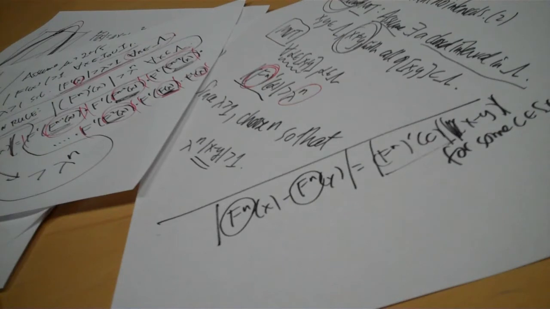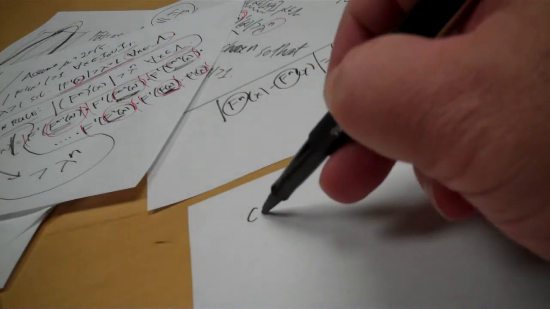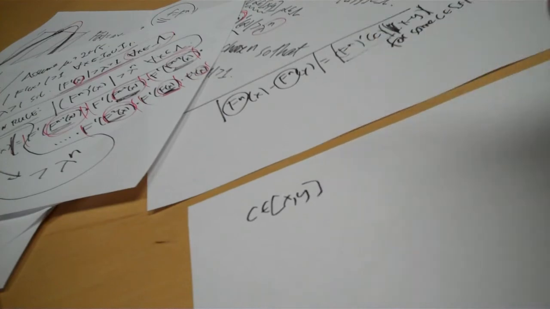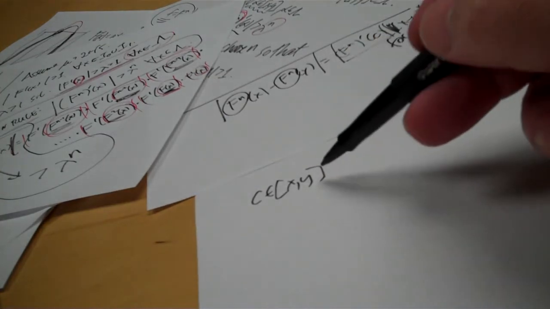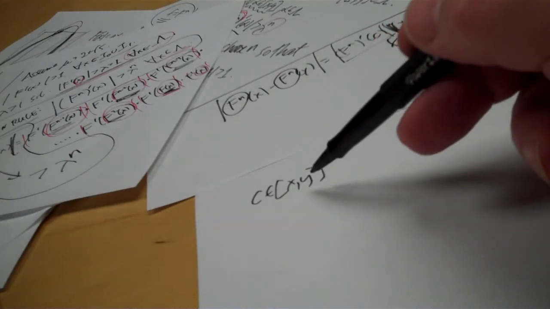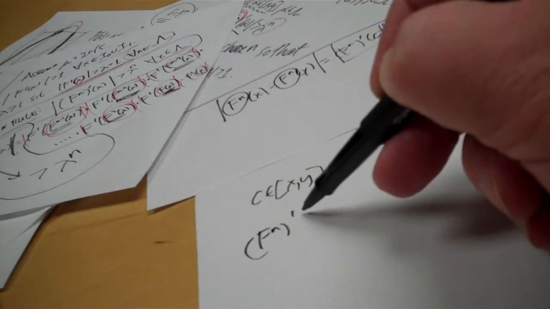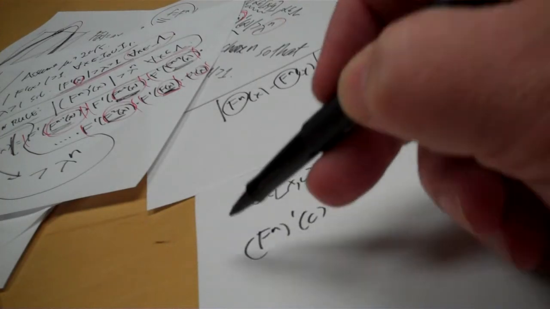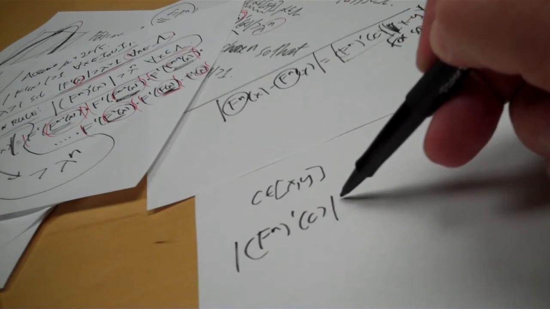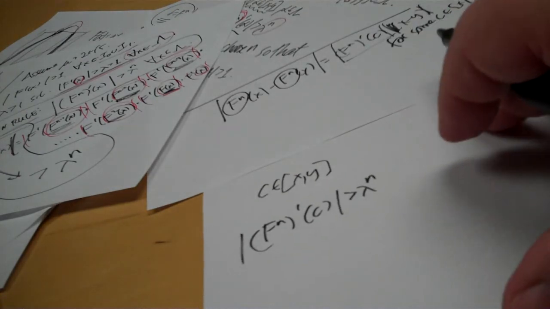Since the C is for some point, as the mean value theorem says, in the interval x and y, we have this result: for all points in that interval we know that the derivative of the nth iterate function at that value of C is greater than lambda to the n.